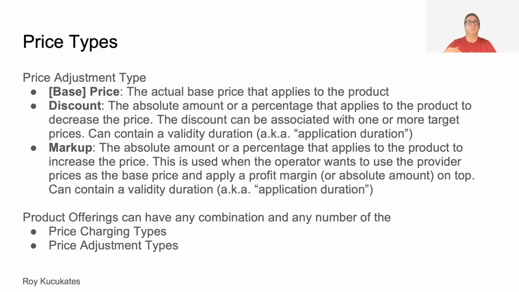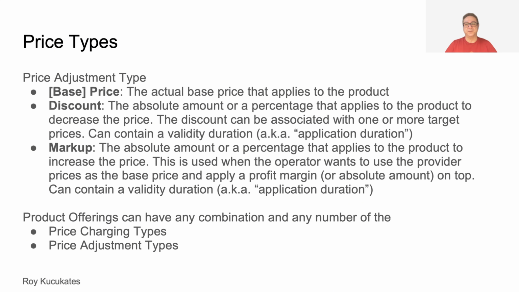Just add the markup fee on top of the base price, because in this model, the operator uses the supplier's pricing, and on top it adds a markup fee or markup absolute amount or a percentage, so that they always can use the supplier's pricing table without doing further calculations.